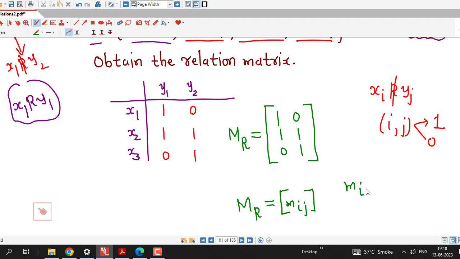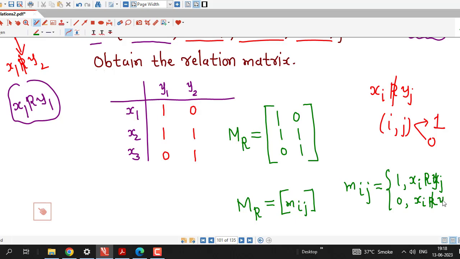So mij can take only two values, 1 and 0. mij equals 1 if element xi is related to element yj, and mij equals 0 if xi is not related to yj.